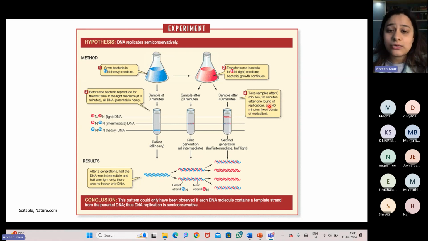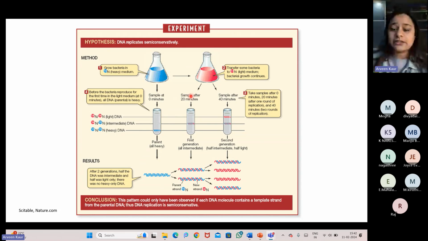And what they saw was that at 0 minutes, once this CsCl density-based centrifugation was done, all the parents showed the heavy chain band only, right?